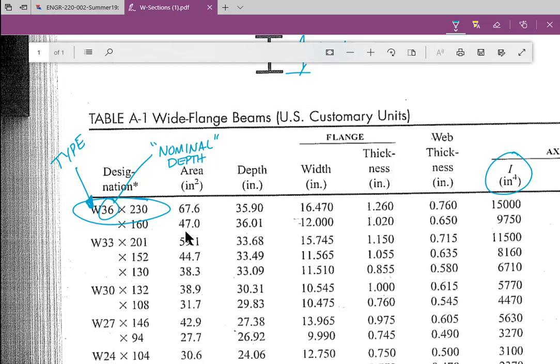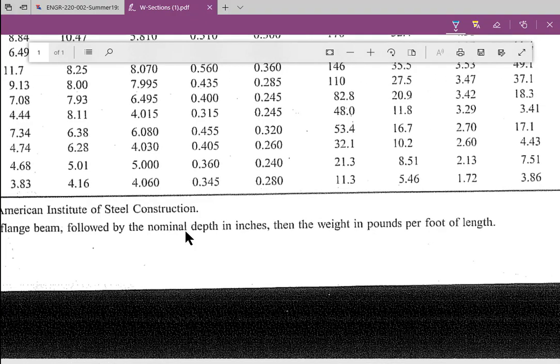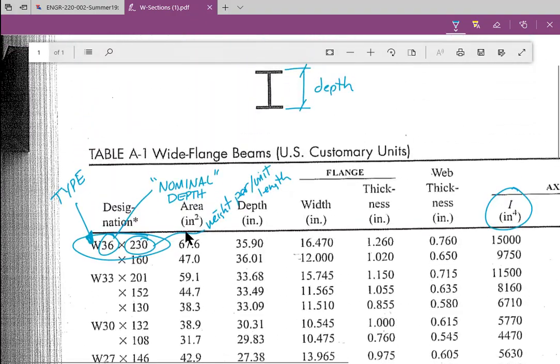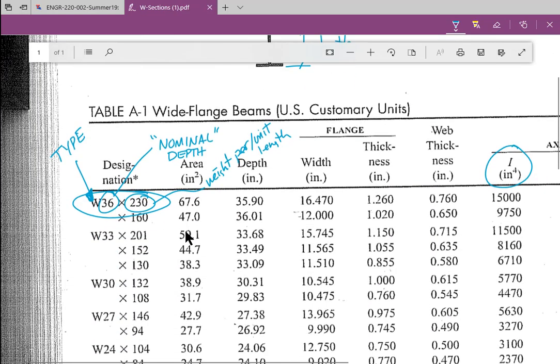So this is a big beam, a 3 foot tall I-beam. This last number is the weight per some kind of unit length. And again, you have to look at the bottom to see what the unit length is. Pounds per foot. So for every foot of beam that I chop off, that 1 foot long section of beam weighs 230 pounds for this top one up here.